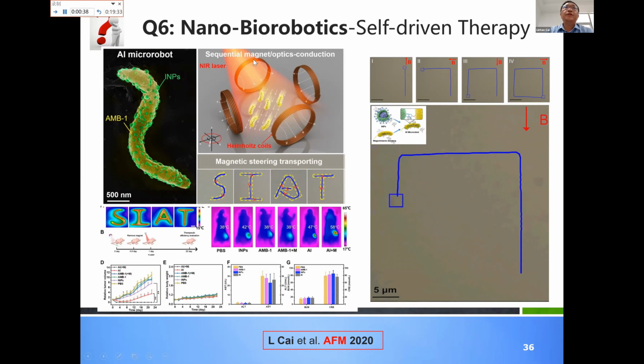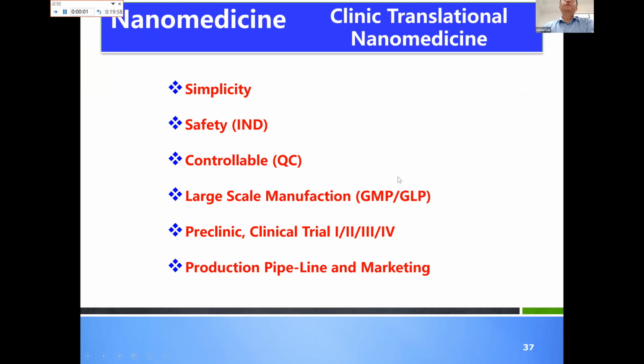So we use a magnetic field to drive these macro robots, and also use the NIR laser to trigger our system. So we can control these systems clearly, and finally get quite good curative results.